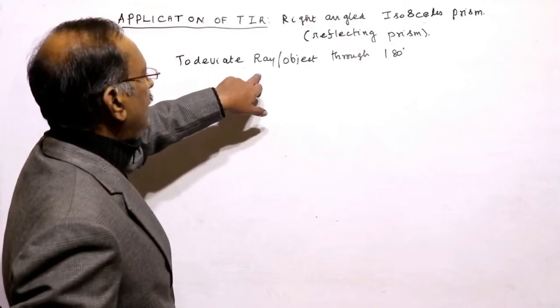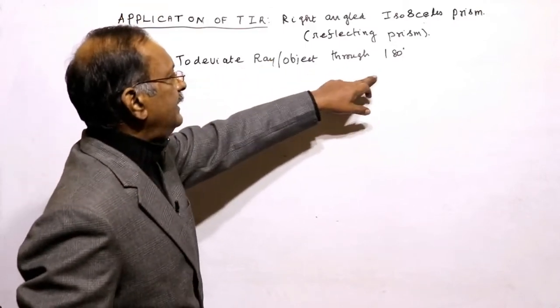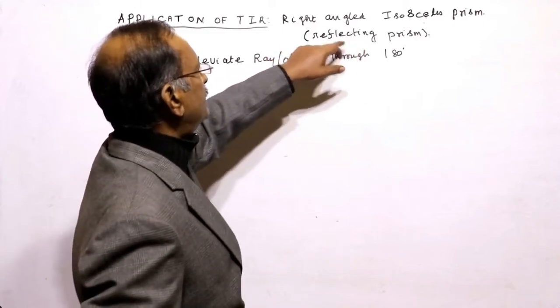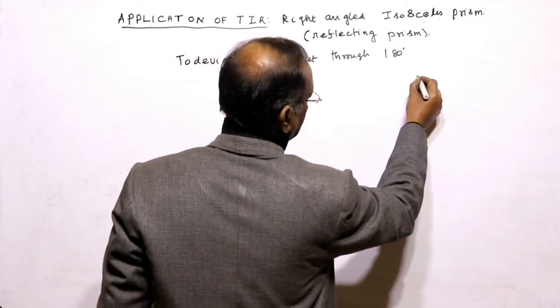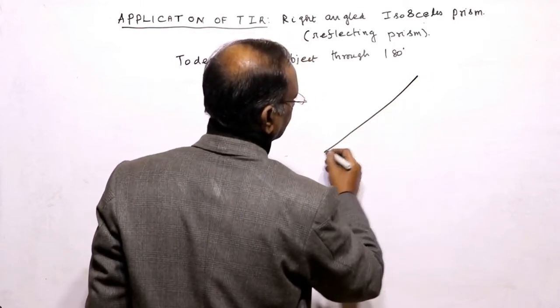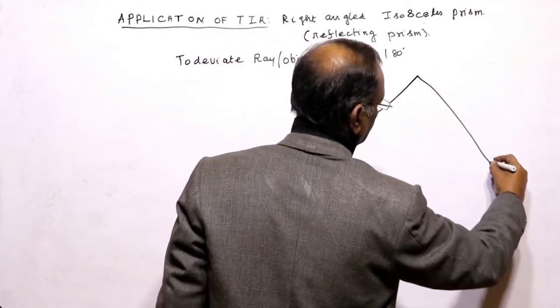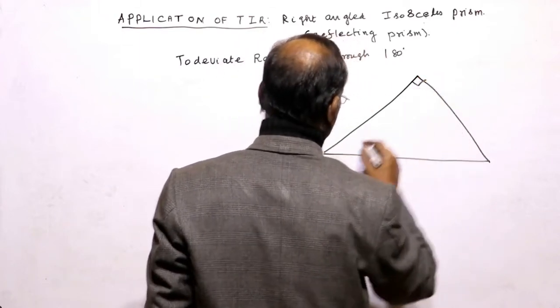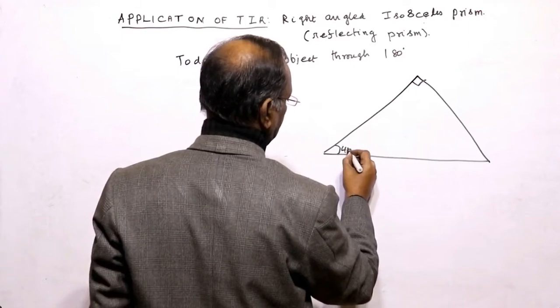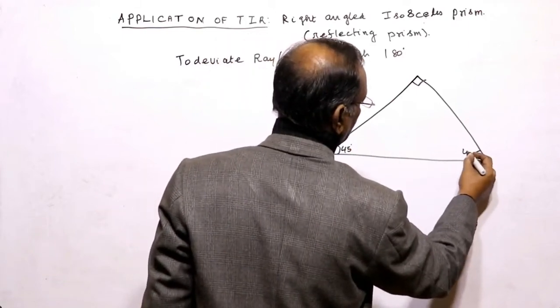To deviate the ray or object through 180 degree, we use a reflecting prism, that is, the right angle isosceles prism. Let us take a right angle isosceles prism. This is 90 degree, this is 45 degree, this is 45 degree.